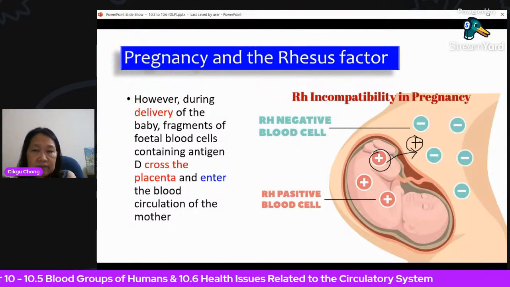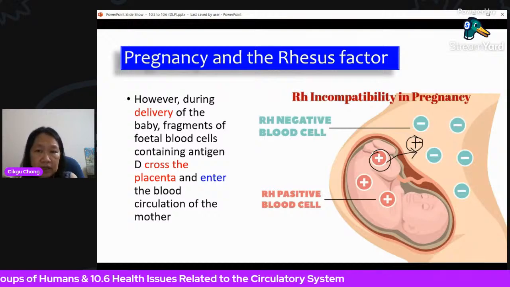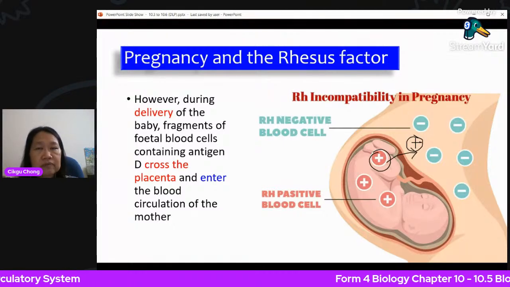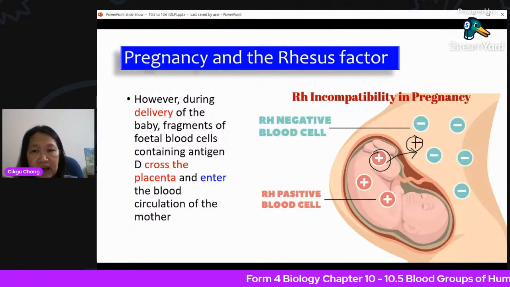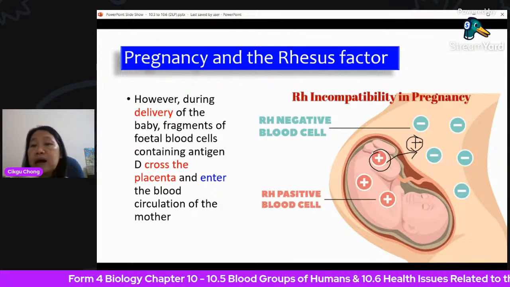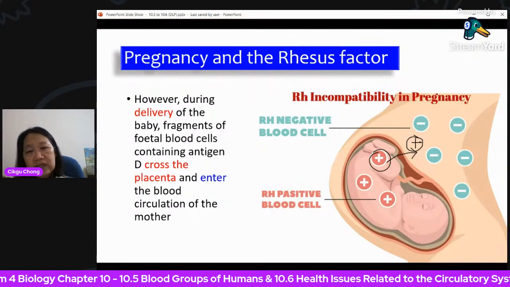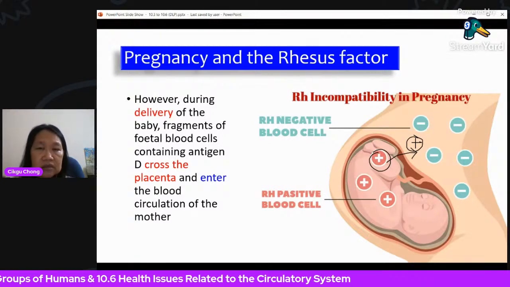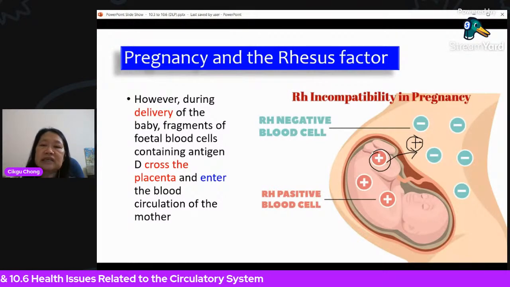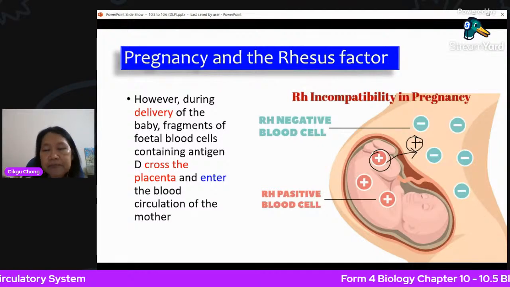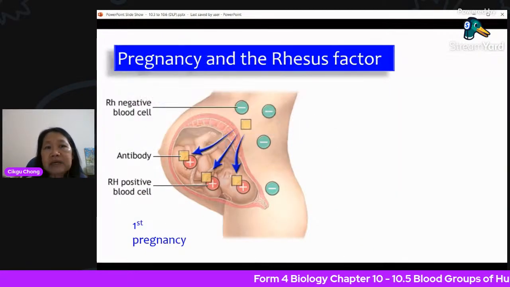It will trigger, meaning stimulate, the mother's blood to produce antibody for this Rhesus-positive. The moment she doesn't have it, but because now the blood is able to pass through, when it enters the mother's blood, the blood will be triggered to produce this antibody for the positive Rhesus. All right, so now, but still no problem.